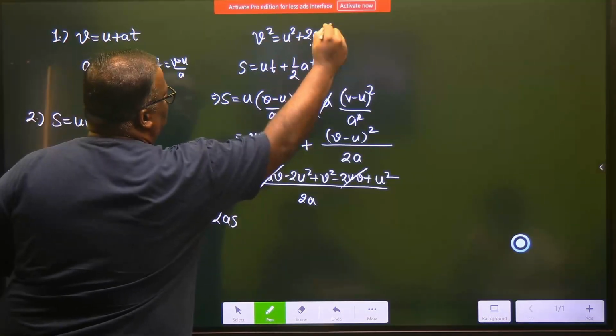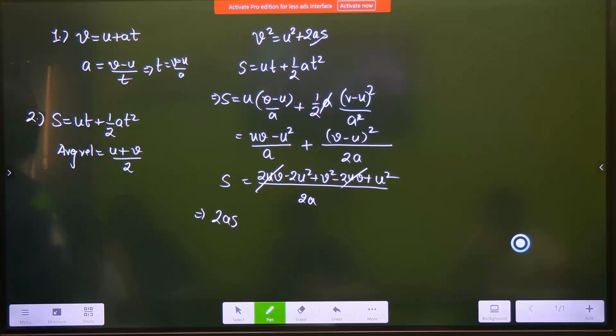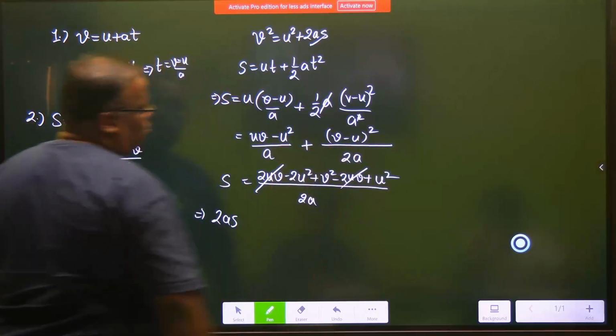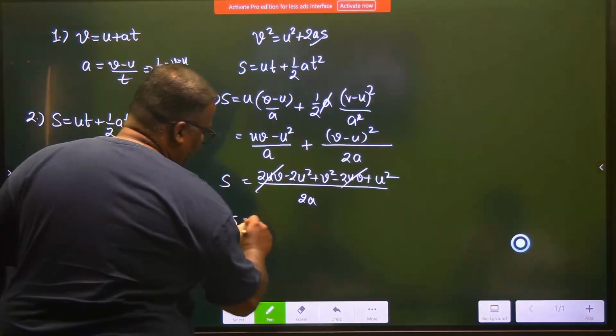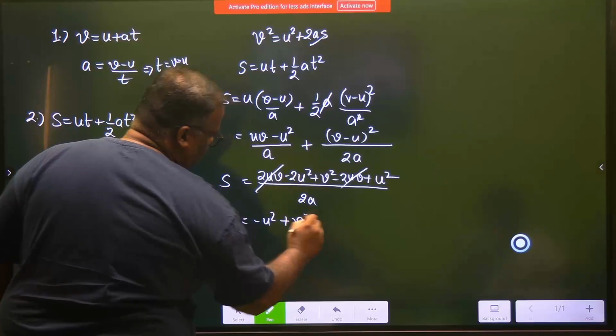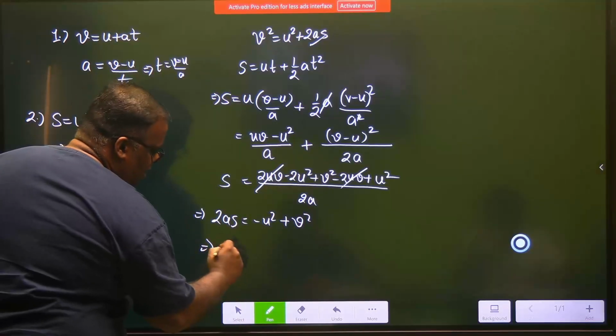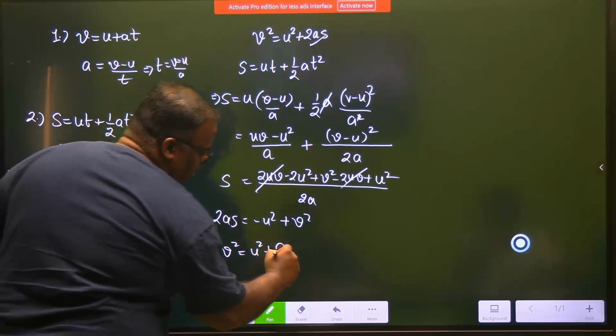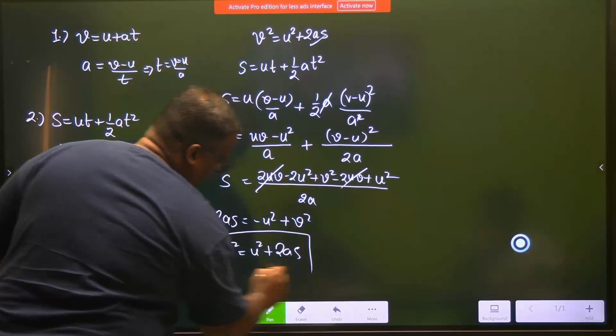This portion has already come. Are we happy? We are very happy. 2U square negative and U square makes it negative U square. And this is positive V square. Now it's all about arranging. V square is equal to, bring the U square this side, U square plus 2AS.